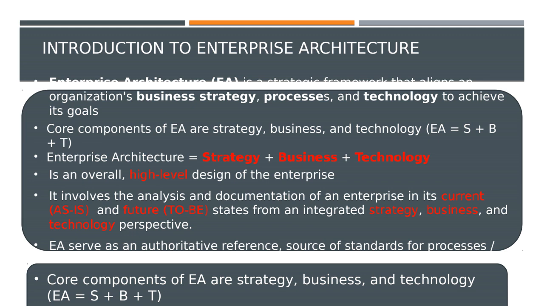So all of them are covered under your architecture. So it is an overall high-level design of the enterprise. It involves the analysis and documentation of an enterprise in its current, as-is state, or future, where they want to be, from an integrated strategy, business, and technology perspective. So please remember this equation, okay?